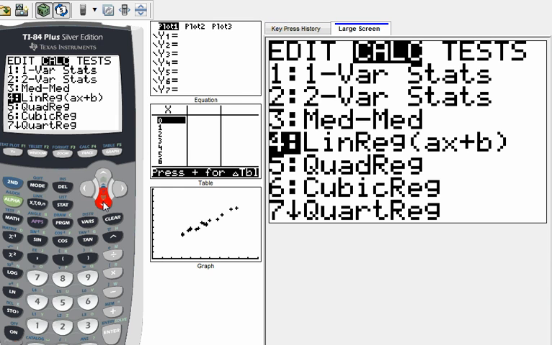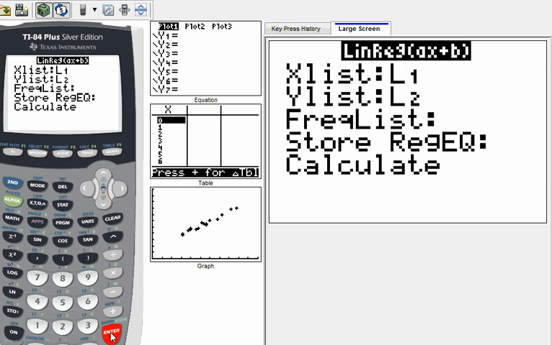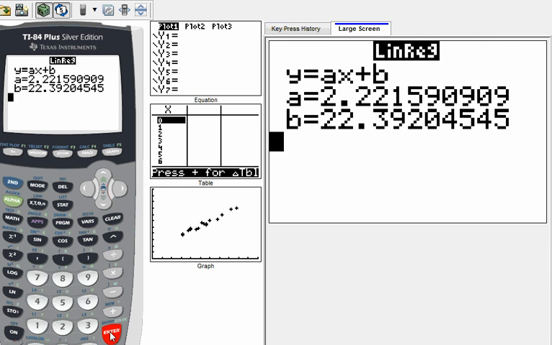And what that's going to do is it's a calculator program that estimates a line for the data that's put in there. And right now it's asking me, is all this information right? And it is all right. So we're going to go down and calculate and enter. Some calculators you can just do that. All right, so it's telling me now that the slope is about 2.22 and the y-intercept is about 22.4.